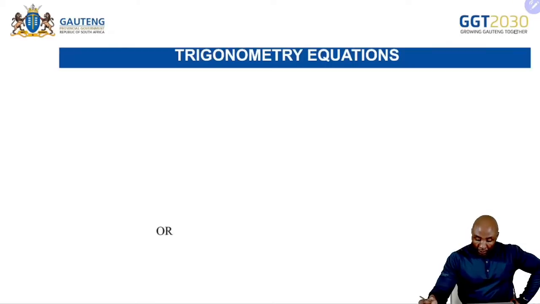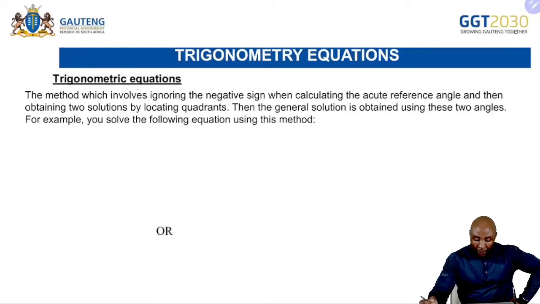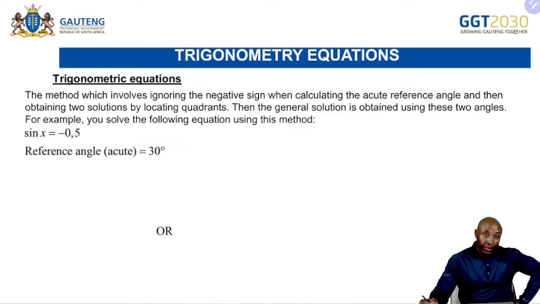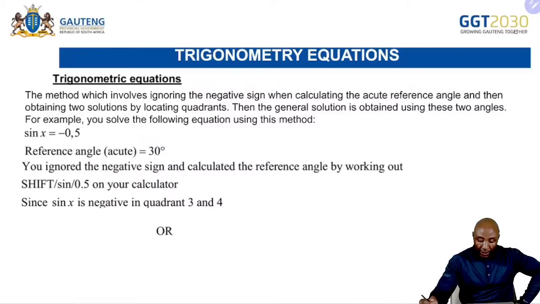I'll move on now to trigonometric equations. We know how to solve trigonometric equations. If I'm given sine x is equal to negative 0,5, I know that I am able to get my acute angle as my reference angle. I know that sine is negative in quadrants 3 and 4.